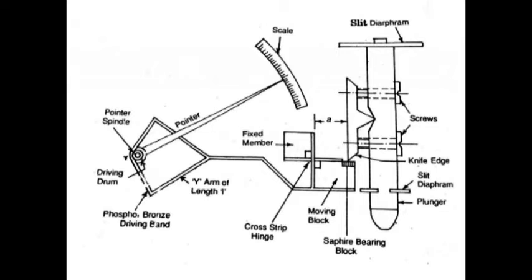Then the total magnification of the instrument is capital L by A into small l by A, into L by R. So the magnification of the instrument can be varied by changing the distance A of the knife edge by tightening or slackening the adjusting screws.